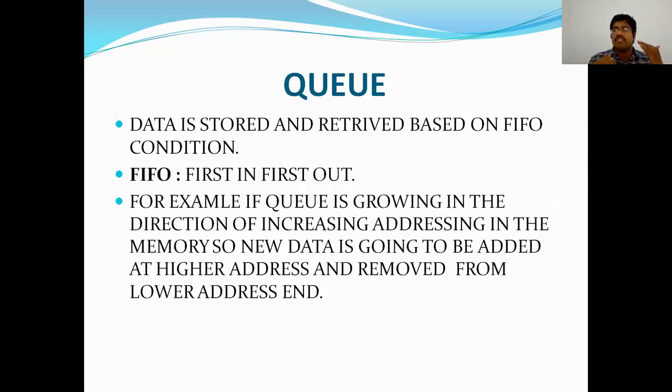In the first show of any famous hero, there will be a queue at the ticket counter, so you will stand in the queue. Then what is going to happen? Whoever comes first and stands first in the queue gets the tickets first. So here the concept is FIFO, first in, first out.